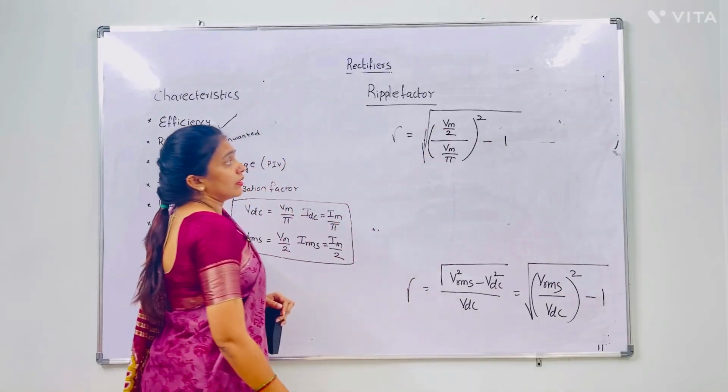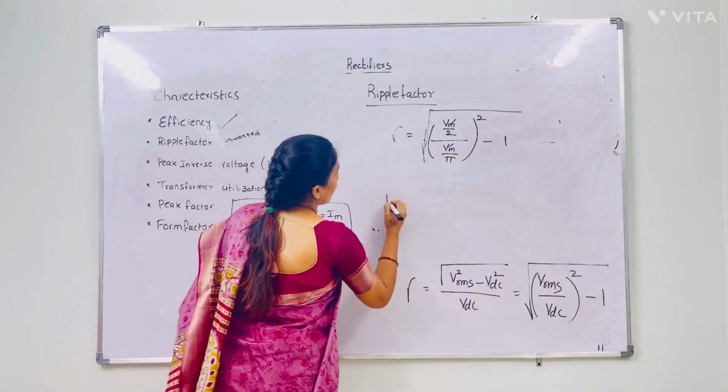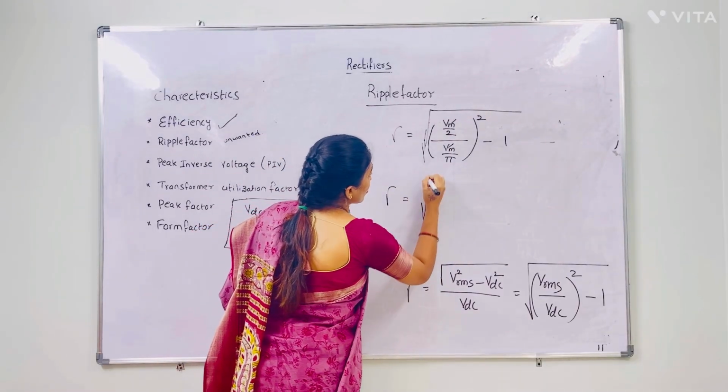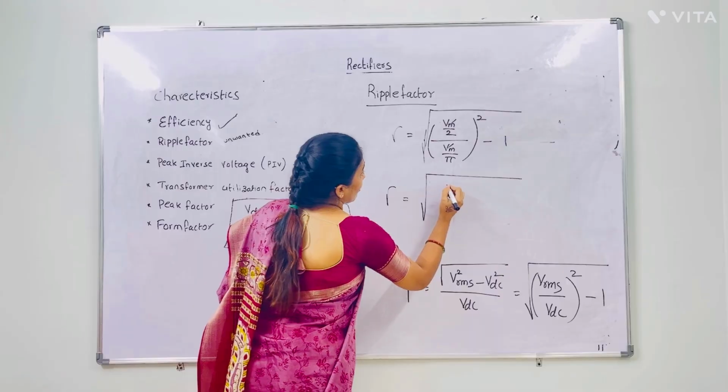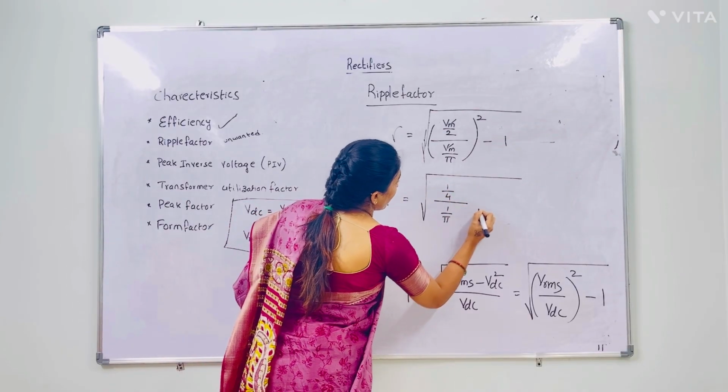Vm gets cancelled, and the remaining terms are gamma equals under root (1 by 4) by (1 by pi square) minus 1.